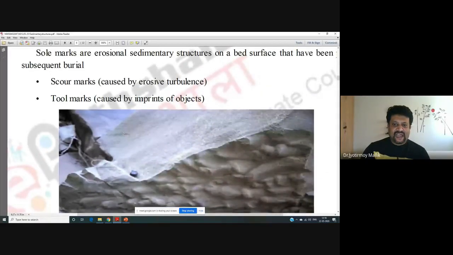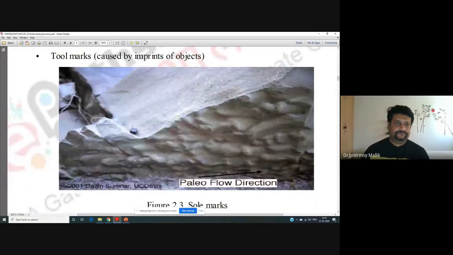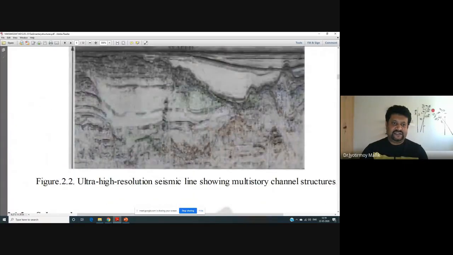Now the next type of predepositional structure, or erosional structure. So you can see that this channel is essentially an erosional structure, right? Why is it an erosional structure? Because this convex down geometry is only formed by the erosion of the channel. Okay?